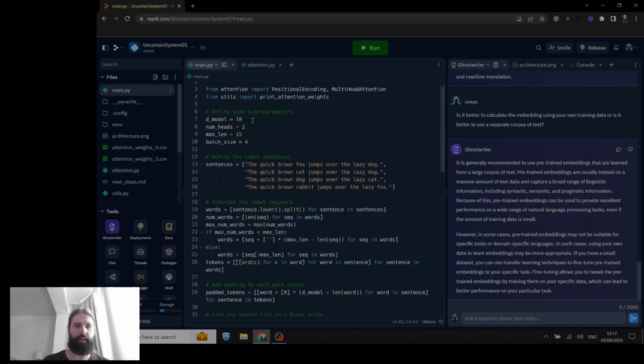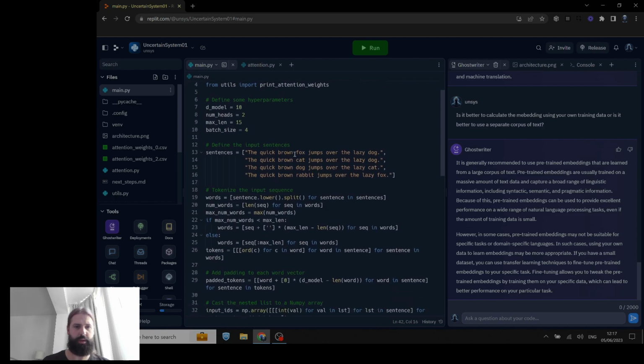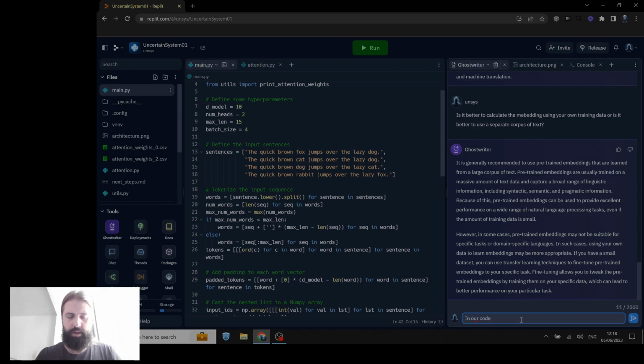But I thought that is what the tokenization does. So in our code, in main.py, we have a tokenization section where we transform words into tokens. Is this the same as the embeddings mechanism?